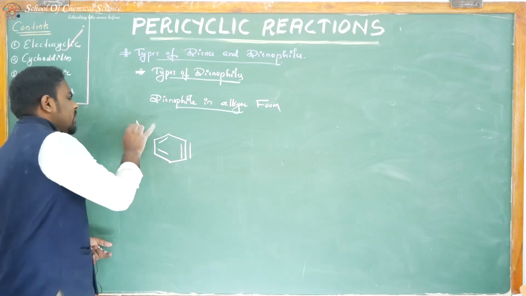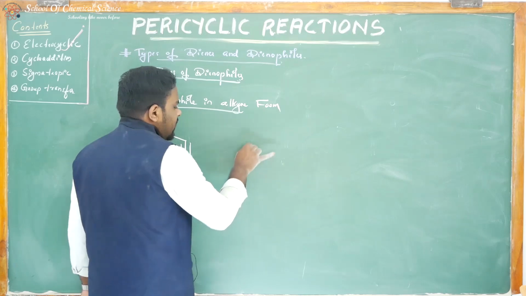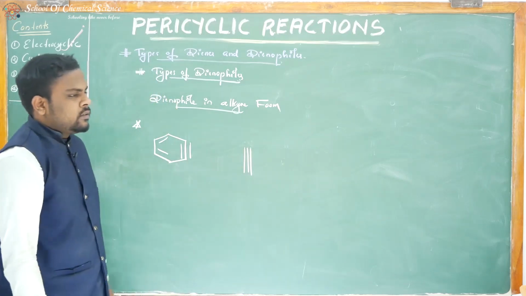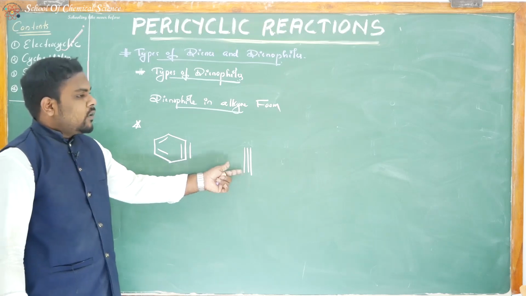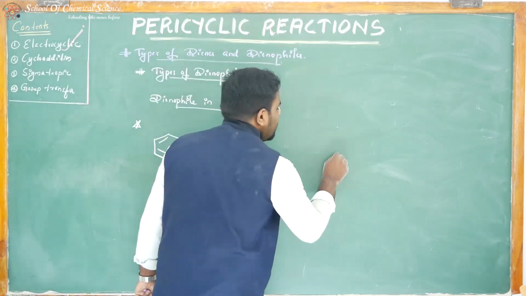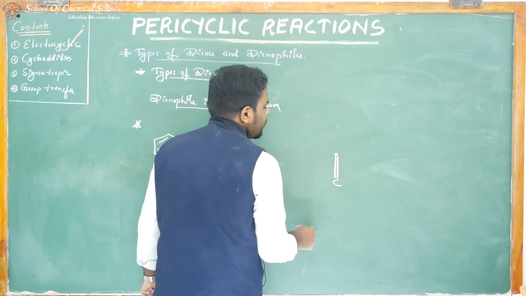Benzene is very, very important. Then acetylene or ethyne is a typical example of a dienophile. Then another important one is ketene.